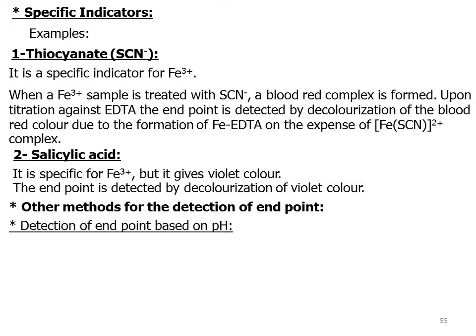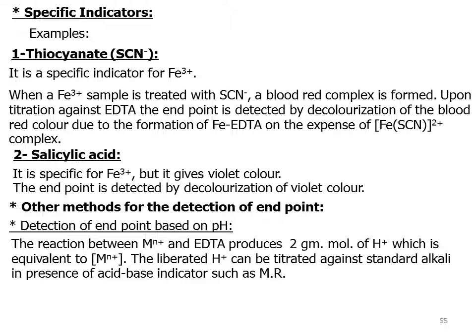There are two other methods to detect the endpoint, which are acid-base in complexometry. If you remember, the reaction between the central metal ion and the EDTA produces 2 gram mole of hydrogen. This hydrogen liberated is equivalent to the molar concentration of the metal.